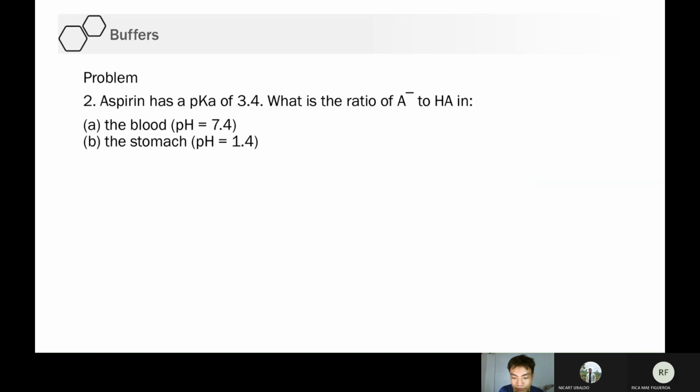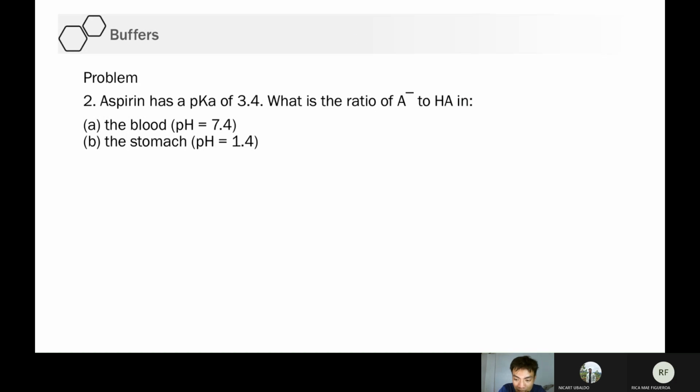Next one. Aspirin has a pKa of 3.4. What is the ratio of the conjugate base to acid in the blood and in the stomach? Pag nakakita kayo ng ganito sa quiz, pag tinanong yung ratio ng A minus to HA, so that is just the fraction.